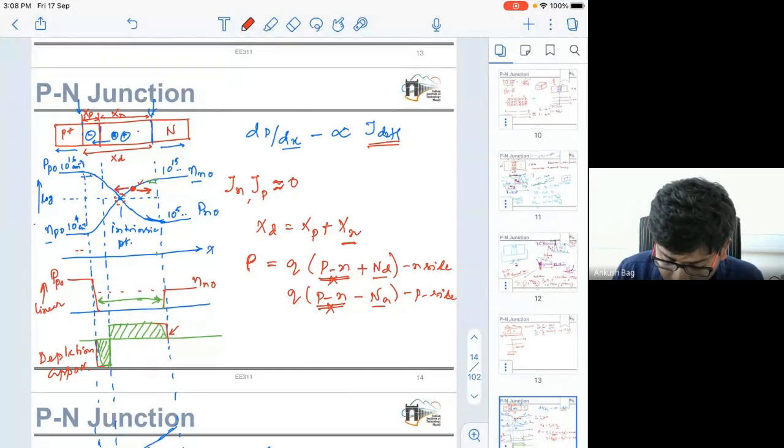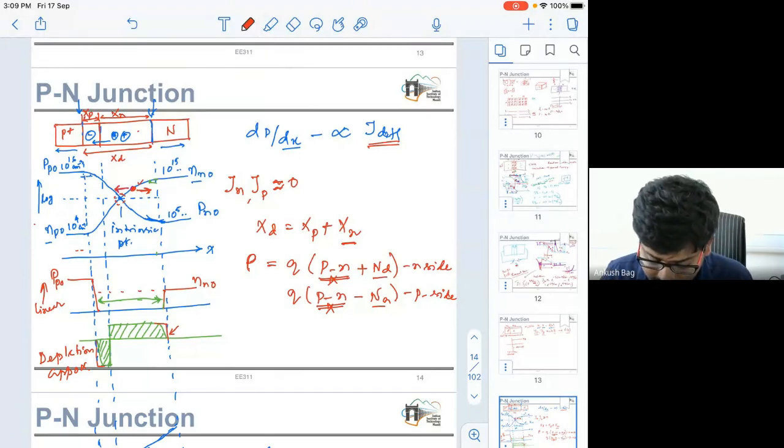We need the log plot to see the minority carrier concentration, because in the linear plot we can only observe the variation of the majority carrier across the junction. The majority carrier concentration is 10 to the power 16 per centimeter cube, whereas the minority carrier concentration is 10 to the power 4.